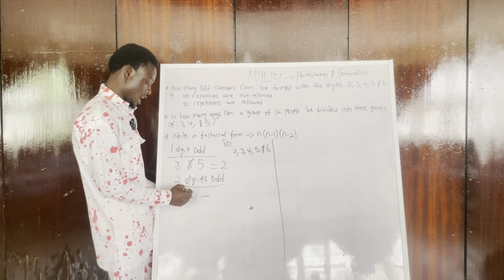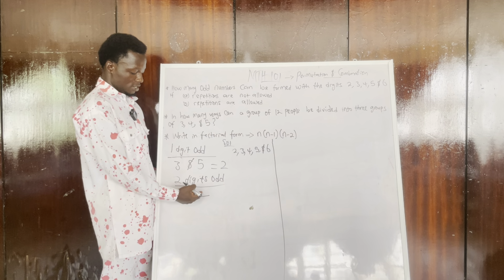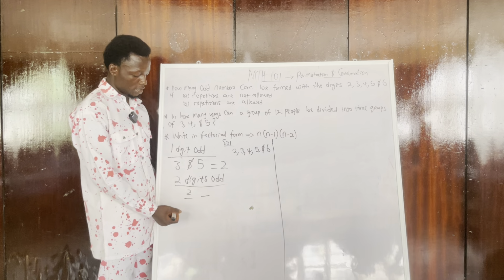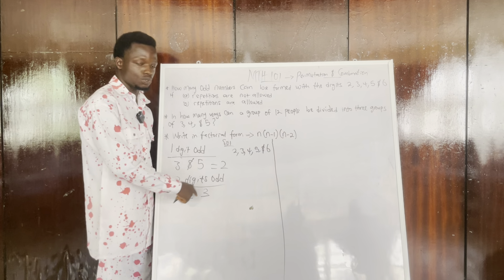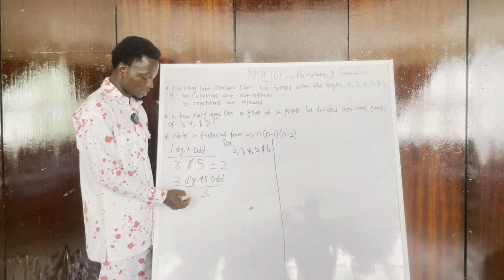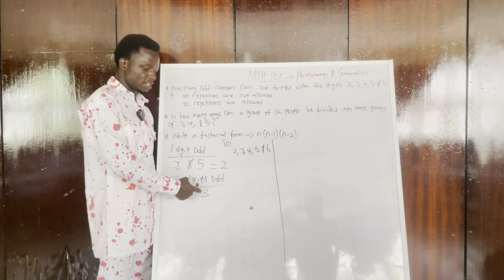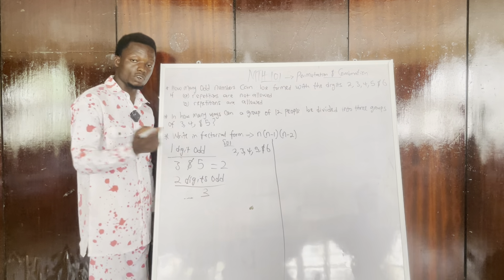For instance, assuming I'm saying this is 2, yet it doesn't mean that everything here will be an odd number unless I write the last digit. So if I write the last digit as 2, definitely everything is going to be an even number. Whatever I put here, whether 1 or 3, since the last digit is an even number, the whole number will be an even number.